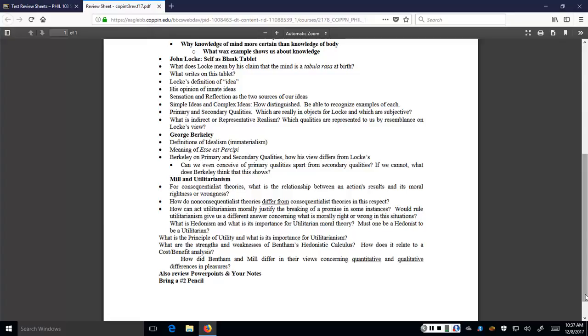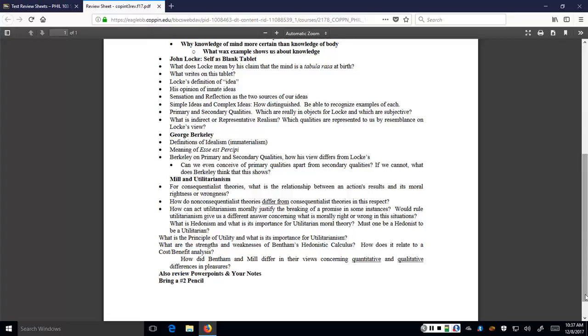And I already said his opinion of innate knowledge, innate ideas, is that there is none. So sensation and reflection are the two sources of our ideas from experience. Sensation, under that category, are all the observations that we make about things in the external world.